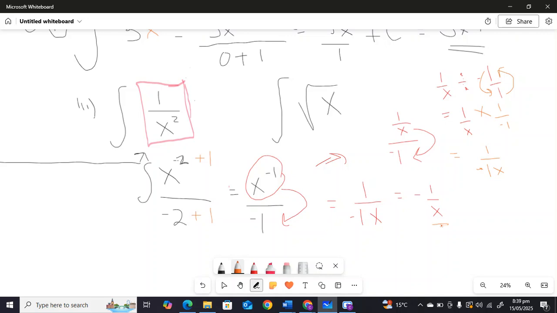Just like this, negative 1 over x. Oh, what you're saying is to put x to the power negative 1, like this, negative x to the power negative 1. Yeah, you're correct in saying that. But as I said, your answers shouldn't have a negative power. So you leave your answer as a fraction. You just end the answer.